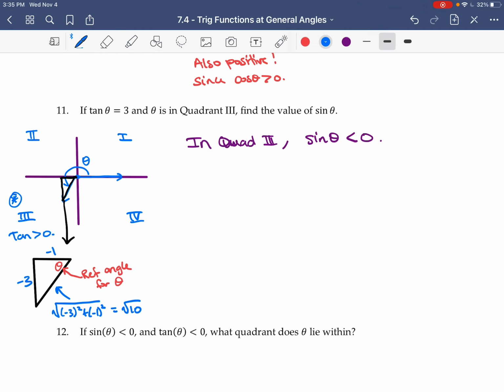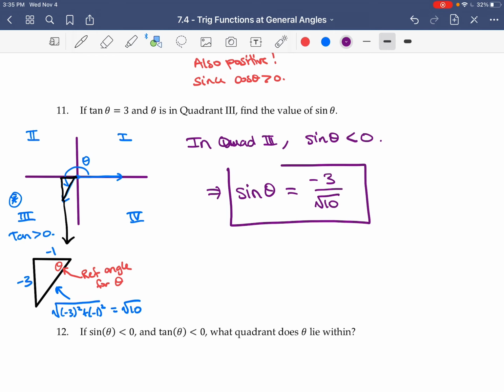Now we have our triangle. So sine of theta, using the reference triangle, is going to be negative for sure. I put the negatives on this triangle, so you could just say it's the opposite value over the hypotenuse value. So it's going to be -3 over root 10. That would be the sine theta value for that one.